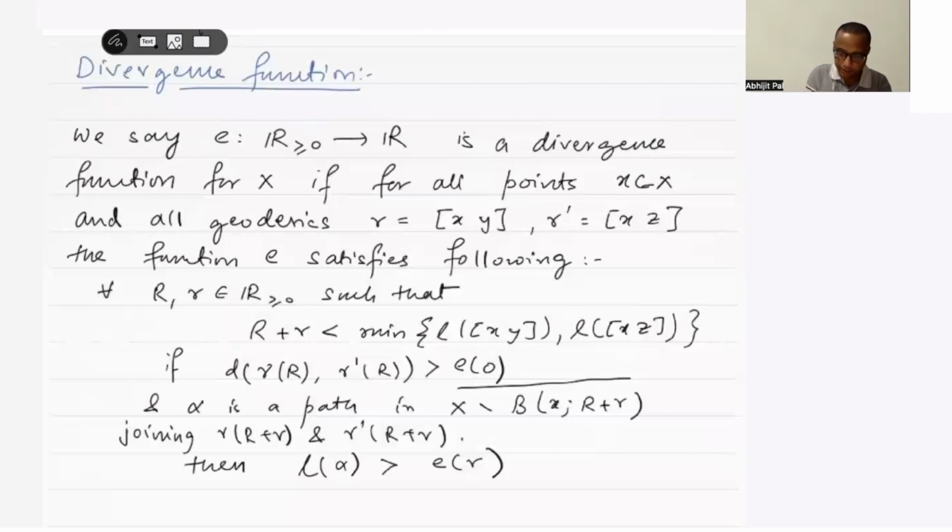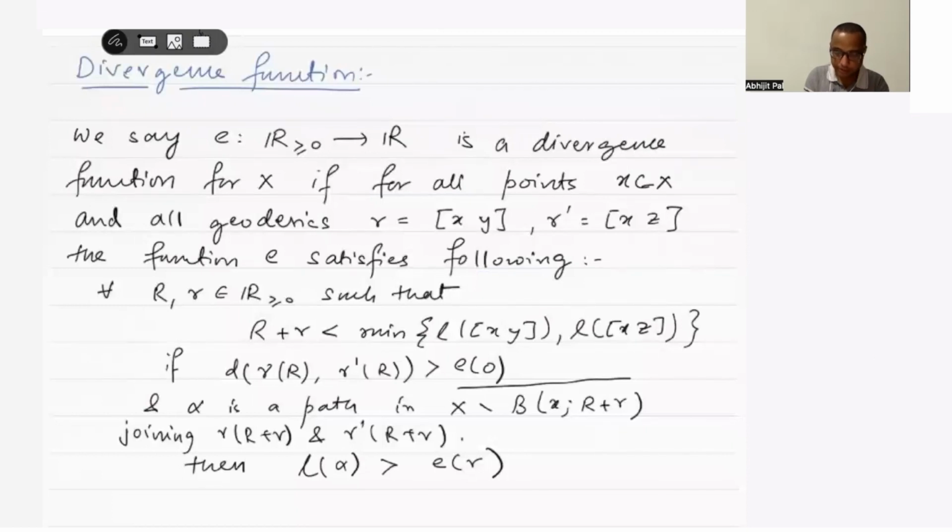We say a function E from R greater than or equal to 0 to R is a divergence function for a geodesic metric space X if for all points X and all geodesics gamma xy, gamma prime xz, the function E satisfies the following.